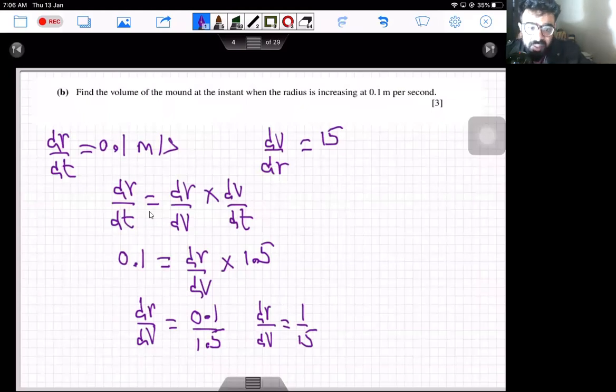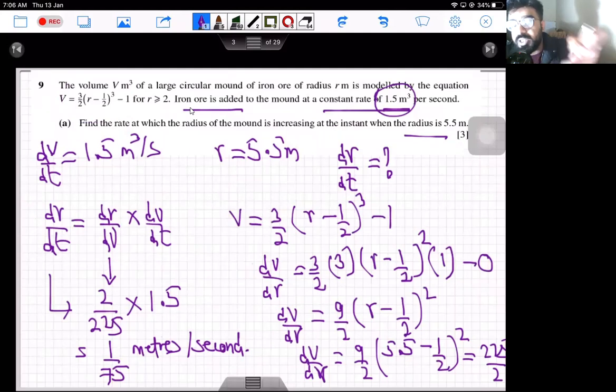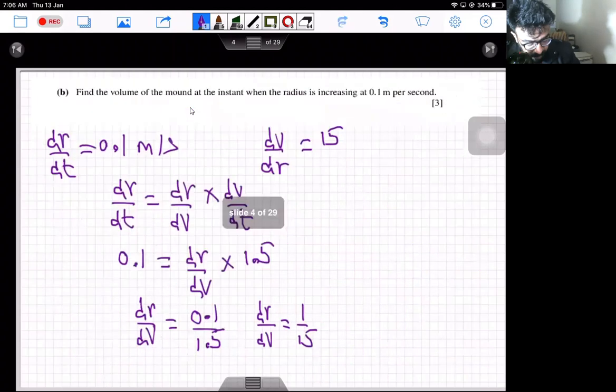Okay, we need to find the volume at an instant, and for that purpose we need a particular value of r. So first of all, we need to find a particular value of r, and for that purpose we are going to use the dv over dr function, which we have found by differentiating v with respect to r in part a. Since we know the value of dv over dr, which is 15, we will equate this value to the dv over dr function.